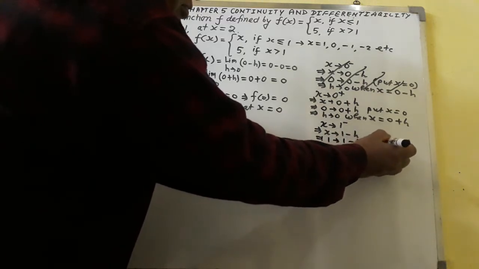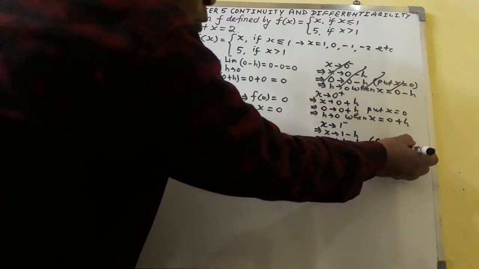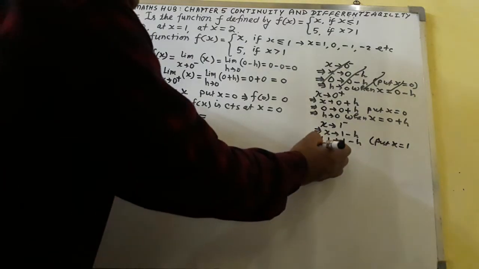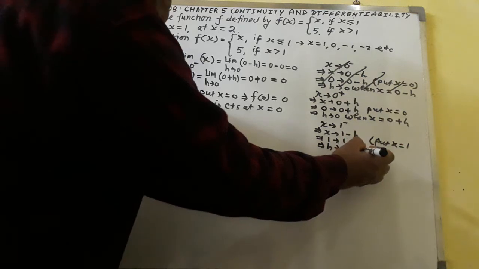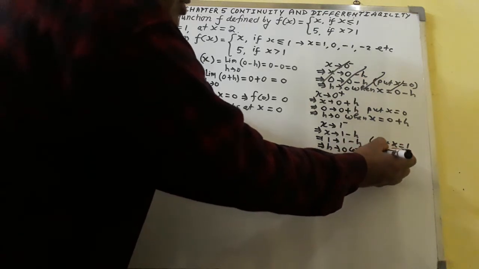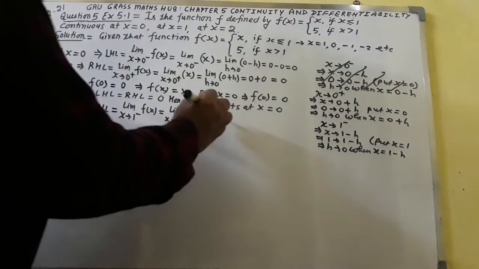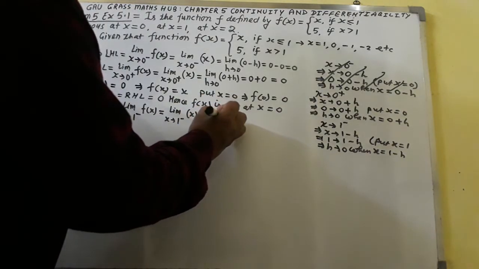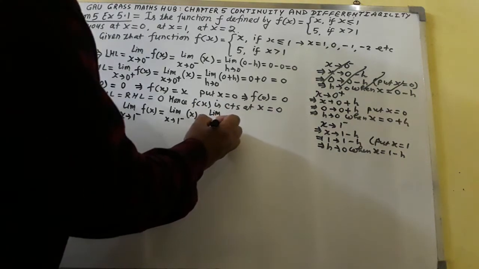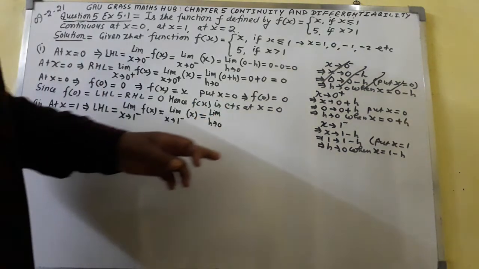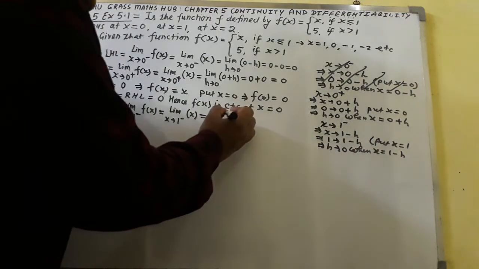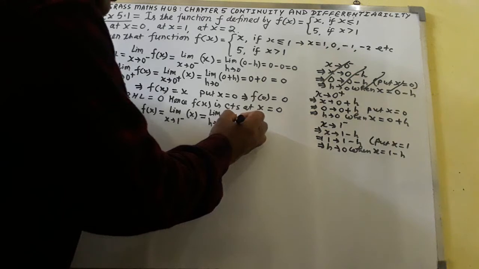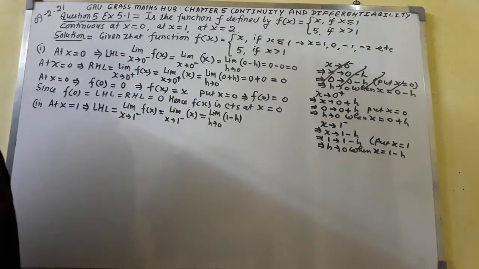So here you will get h tends to 0 when x equal to 1 minus h comes out to be. So I shall write lim h tends to 0, and the value of x I shall take from here, 1 minus h.